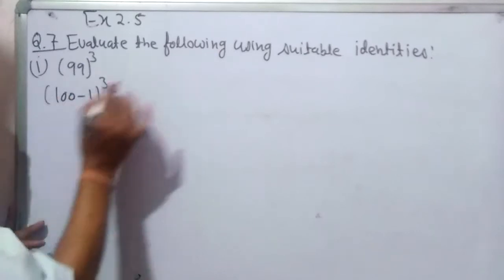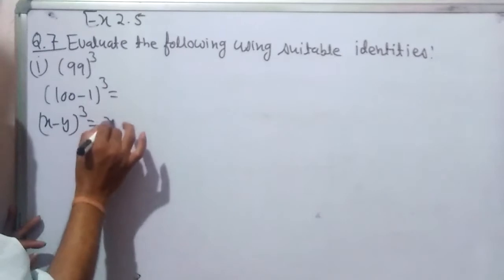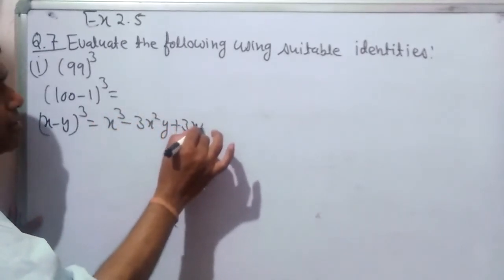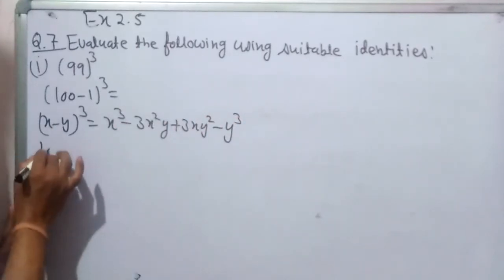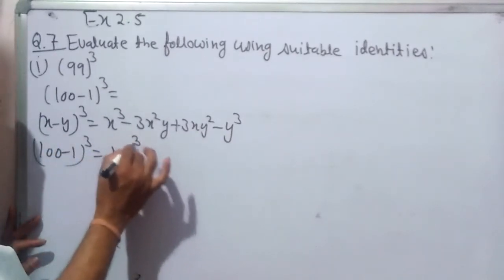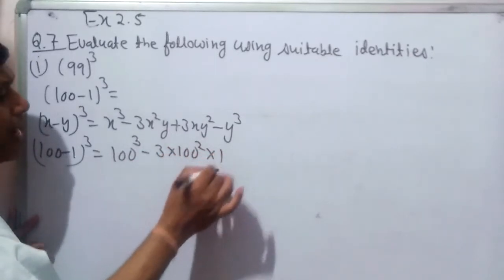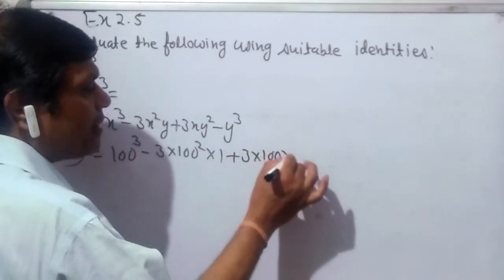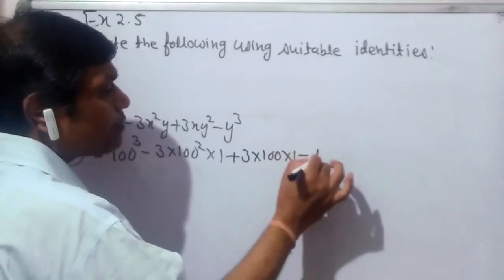The identity that we'll be using is (x minus y) whole cube is x cube minus 3x square y plus 3xy square minus y cube. So (100 minus 1) whole cube should give us 100 cube minus 3 multiplied 100 square multiplied 1 plus 3 multiplied 100 multiplied 1 minus 1 cube.